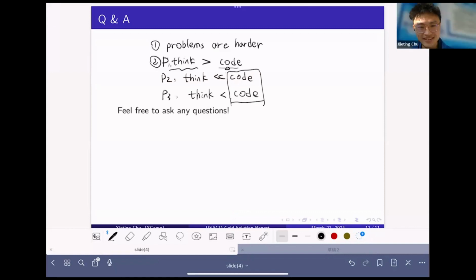Okay. If you think problem 2 is the hardest, maybe it's because of the difference between Chinese competitors and American competitors.